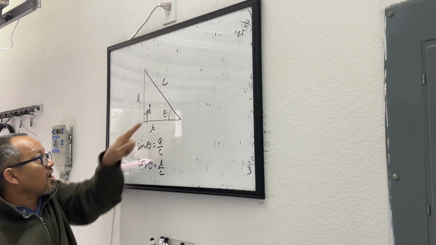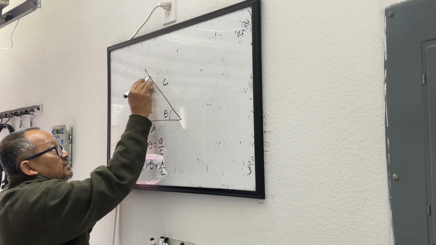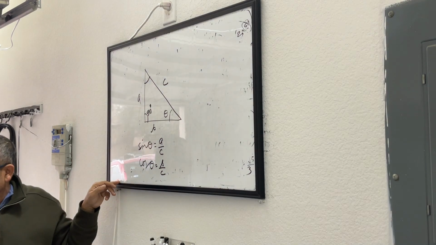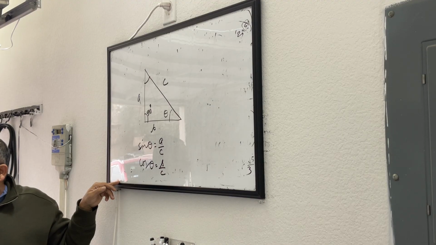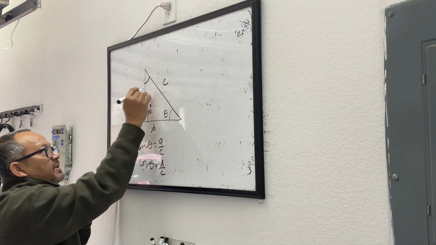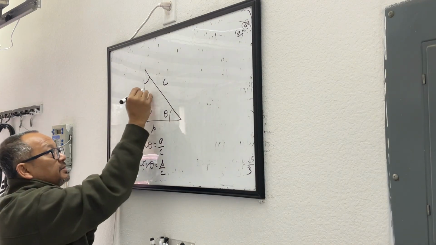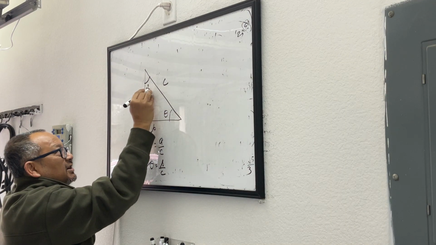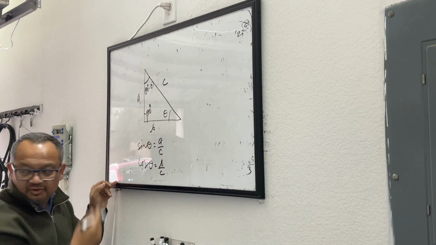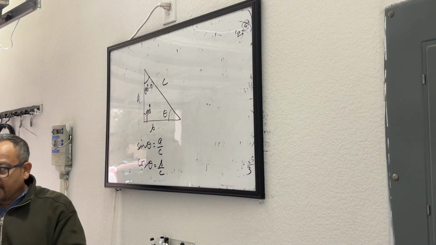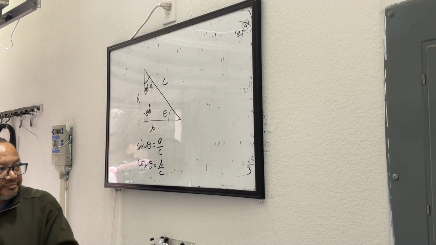If this is theta, how much is this other angle? Pi by 2 minus theta, 90 degrees minus theta, whatever you call it. I'm just using angles right now; we'll relate to pi by 2 at a later point in time.